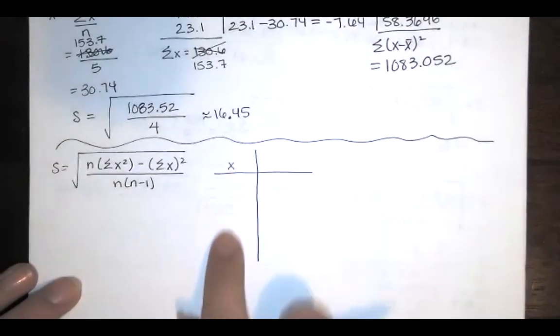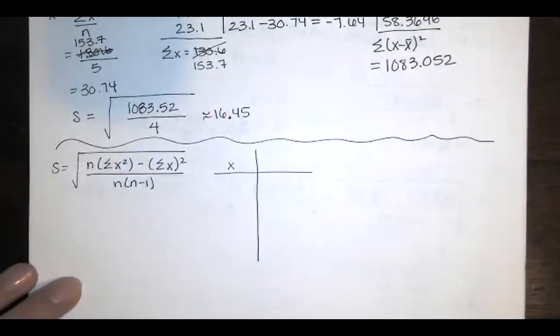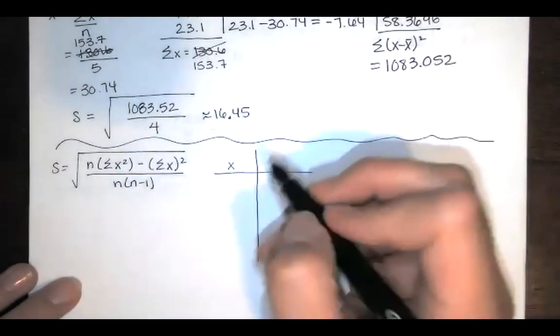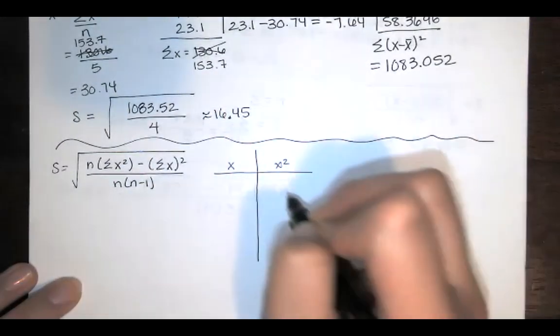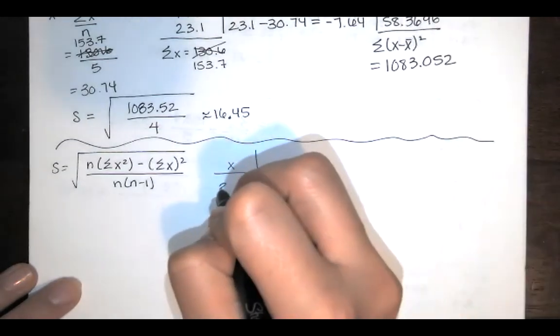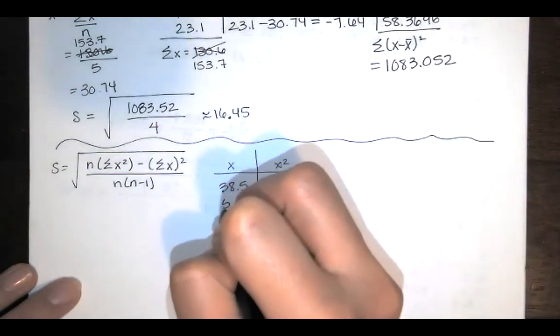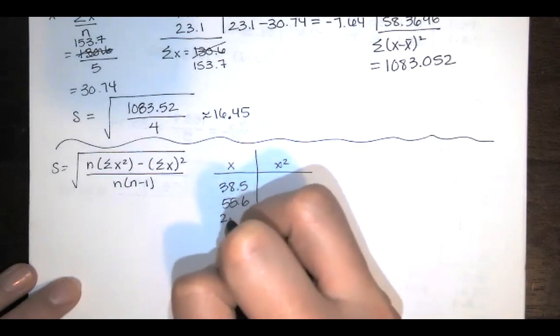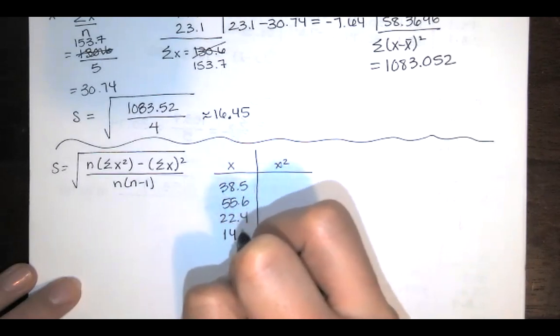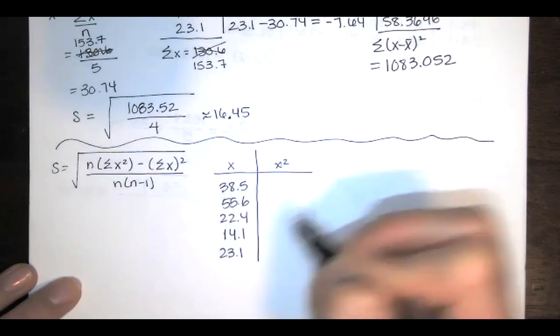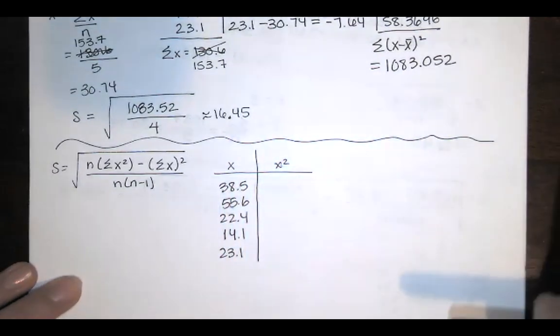We don't have to find the mean, then do the subtraction, then square them, then add them. Instead, all we have to do is add up all the x's, which we've already done. We got that 153.7. And then we want all of the x's squared in this column. We want to add those up as well. So we had 38.5, 55.6, 22.4, 14.1, 23.1. And we want to take each of those numbers and square them.